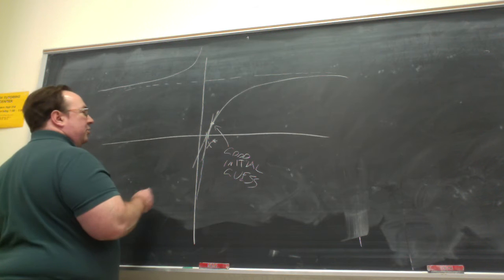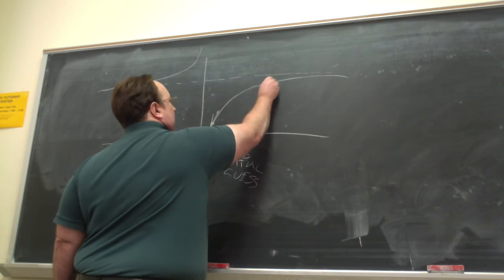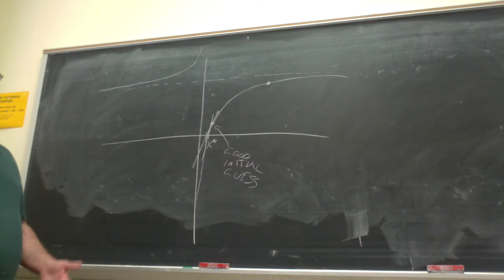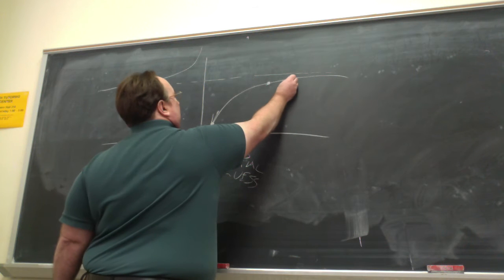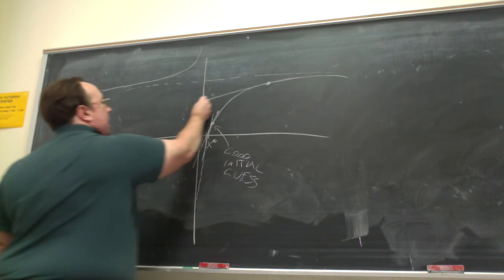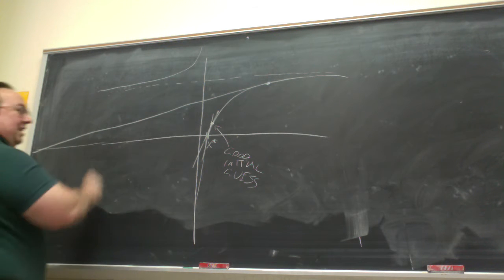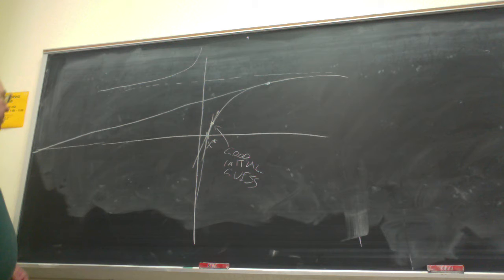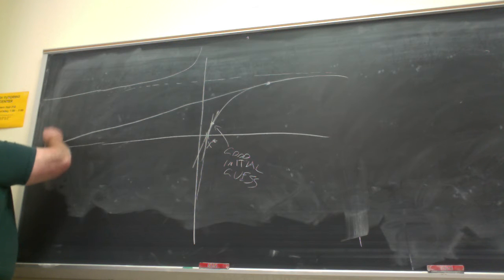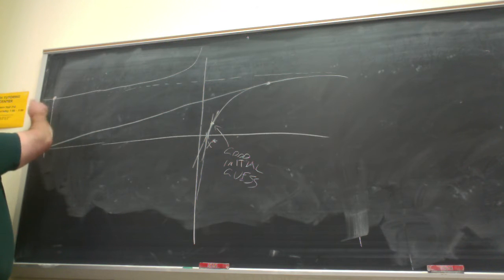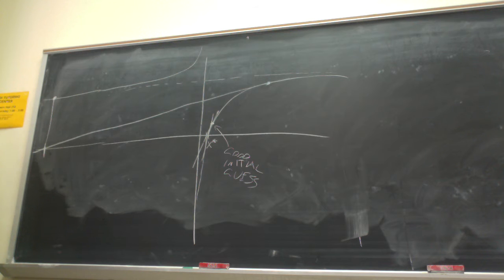But let's suppose my initial guess is way over here. So I draw my tangent line, and look where the tangent line takes me. Way out here. Off the board. So I'm now on the wrong side of the graph, because now I'm going to go up here to draw my next tangent line, which will take me even further away. And this cycle will continue, and your iteration will diverge.